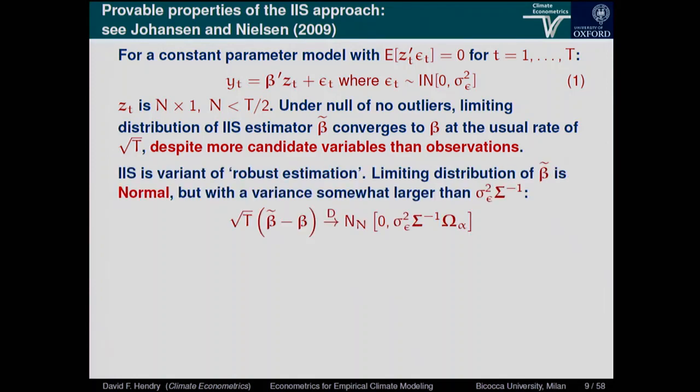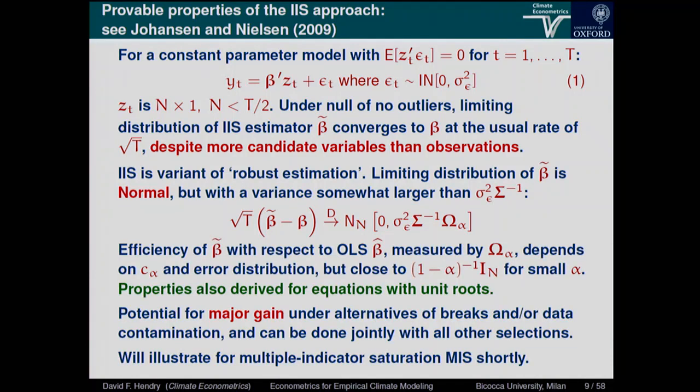So it's a variant of robust estimation, and the limiting distribution of beta tilde is normal in the situation I've done here, but the variance is a bit larger than the conventional variance of sigma squared epsilon capital Sigma to the minus 1, because it's being multiplied by the cost of having done it. But that cost is very small if you choose a small significance level alpha. It's quite close to (1 minus alpha) to the minus 1 times a unit matrix.